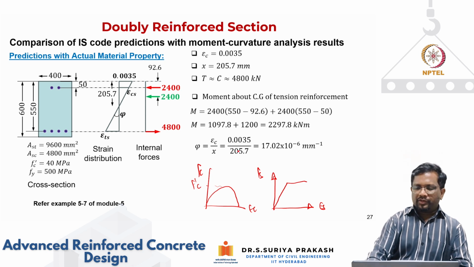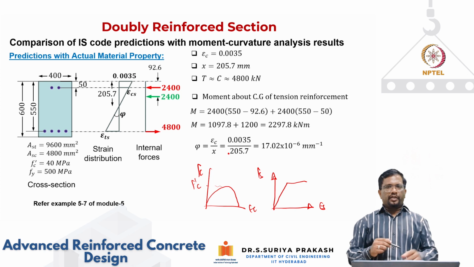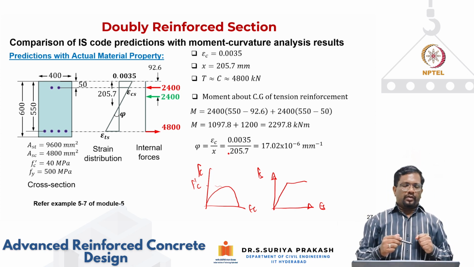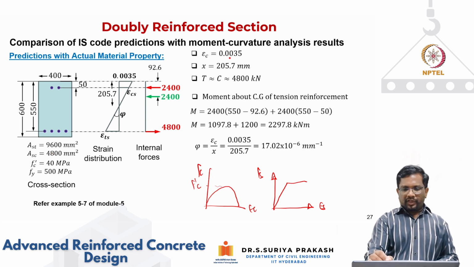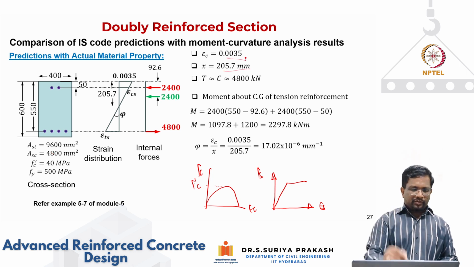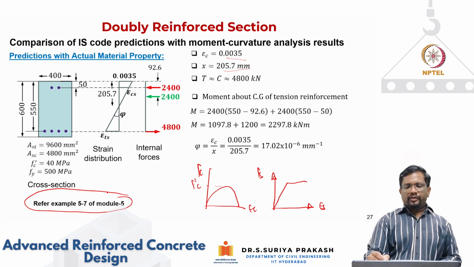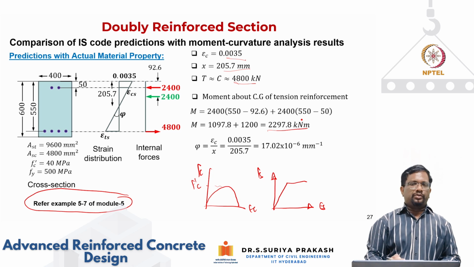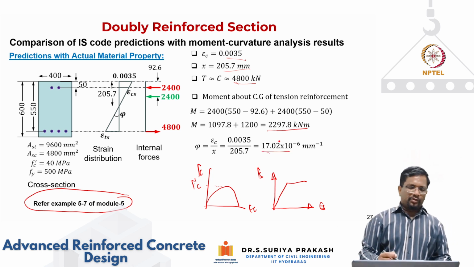When I use these material properties, what is the resistance that we are getting for the sectional dimension given here? You can go back and check this, example 5.7 of module 5. You get a force of this, a moment resistance of about 2298, and a curvature of about 17 into 10 to the power of minus 6.